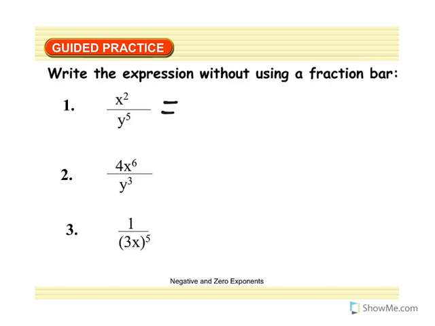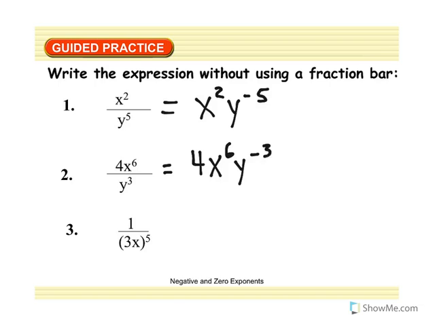So my numerator's got x squared. So that had to be as is. How did y to the 5th get to the denominator from a negative power? All right. How did the 4 and the x and the 6th get in the numerator? Everything was positive. How did that y to the 3rd get to the denominator?